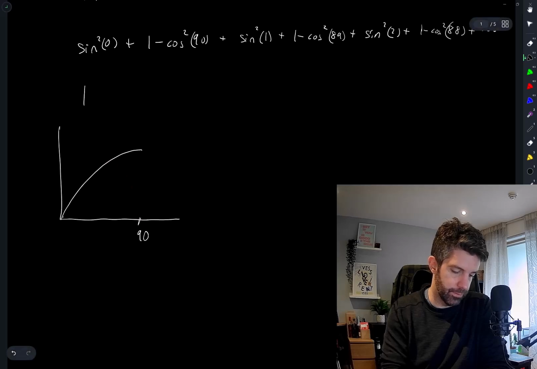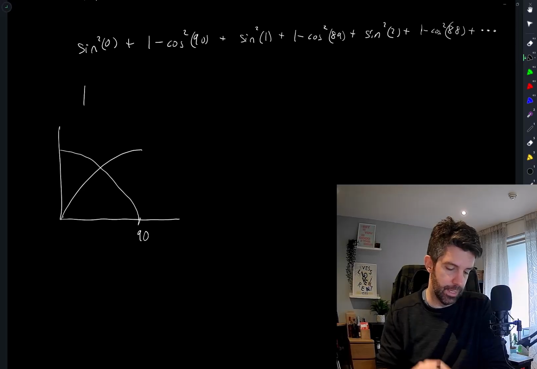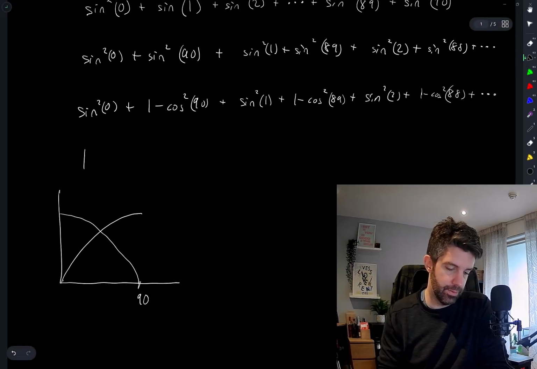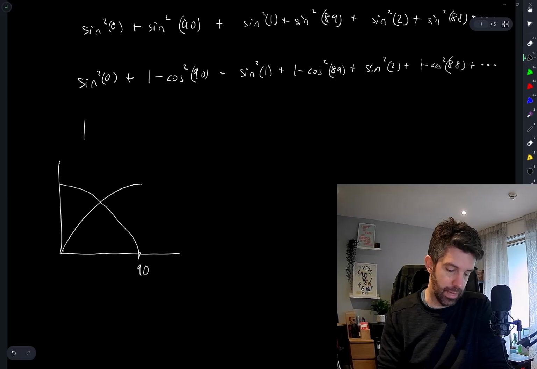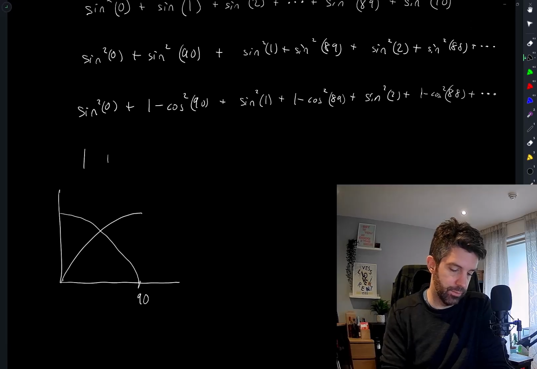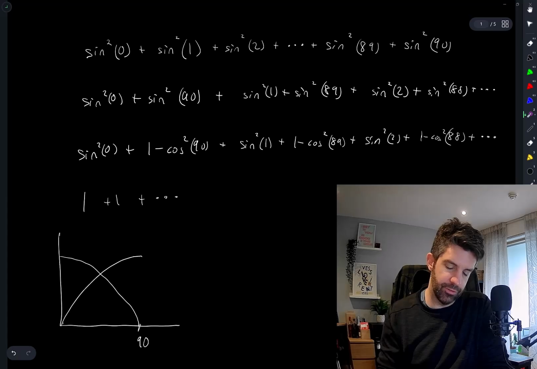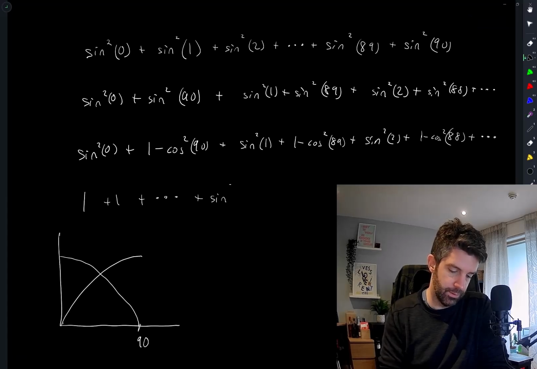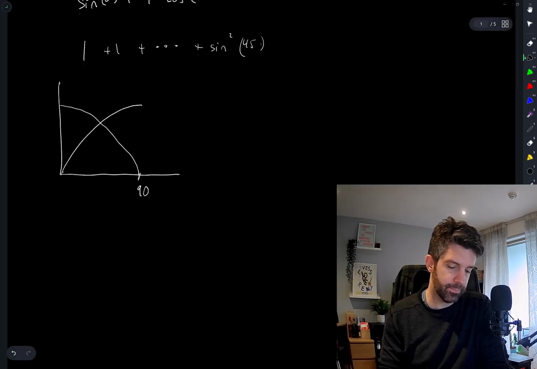Well, they're the same function after the appropriate transformation, after doing 90 minus x. So each of these is going to evaluate to 1. I have 1 plus and so on. It's just the last number, sine squared of 45, which is the one that's missing.